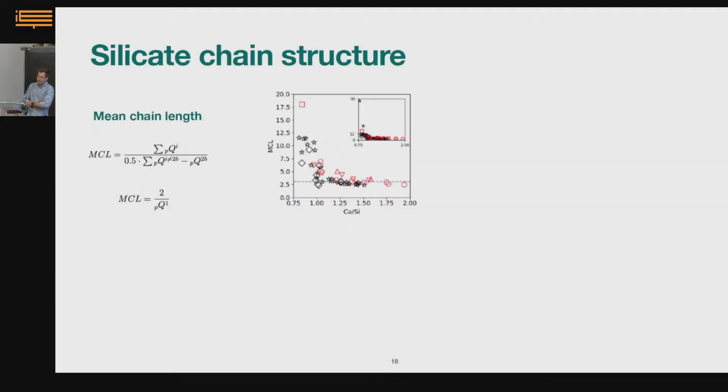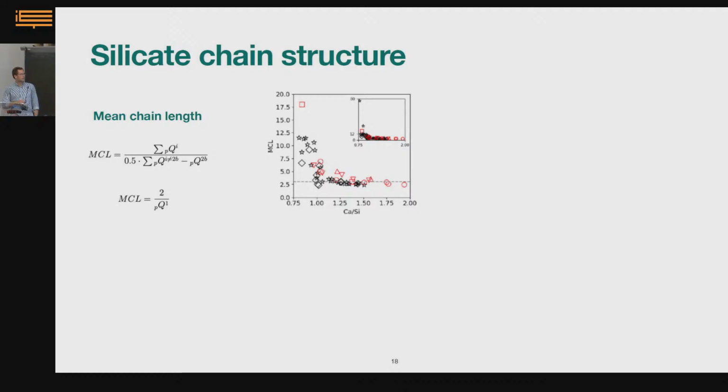So in cement, if you're trying to characterize CSH, everybody uses the mean chain length to describe how defective the silicate chains are. Basically, a mean chain length of infinite means that you have all bridging sites populated by silicate.